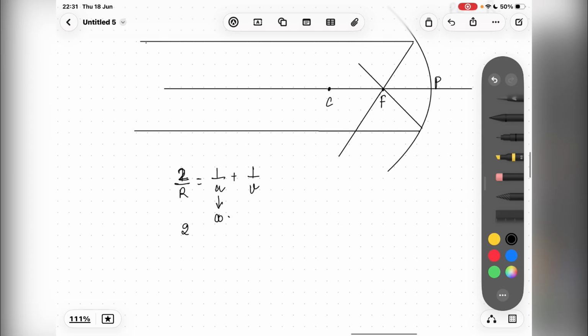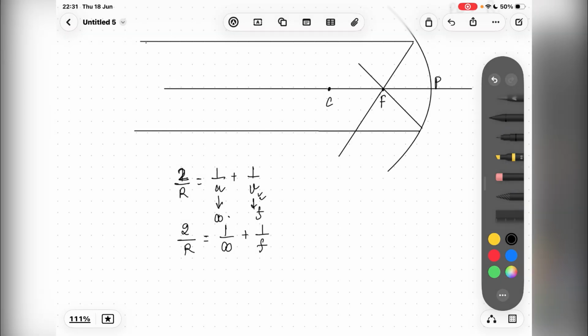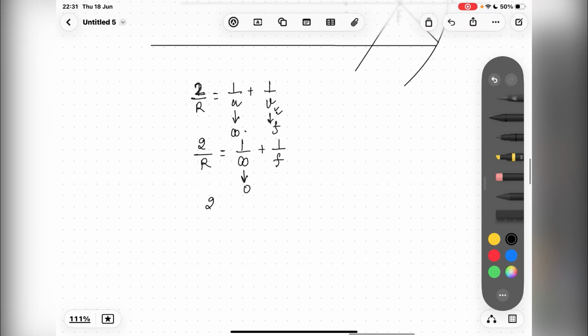So 2 by r equals 1 by infinity plus v is at the focal point, 1 by f. So 1 by infinity is 0. We get 2 by r equals 1 by f.